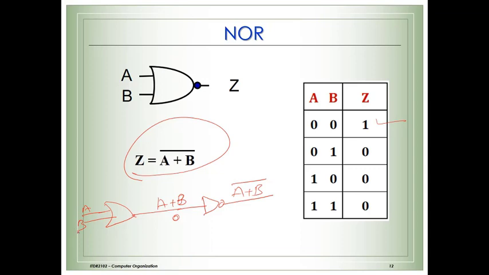But if A is 0, B is 1, then A or B will be 1, but when you pass it through the inverter or NOT gate, the result will be converted to 0. Then A is 1, B is 0, still A or B will be 1, but after passing through the NOT gate, it will be converted to 0. A is 1, B is 1, A or B will be 1, but after passing it through the NOT gate, it is going to be 0. So this whole represents our NOR gate.